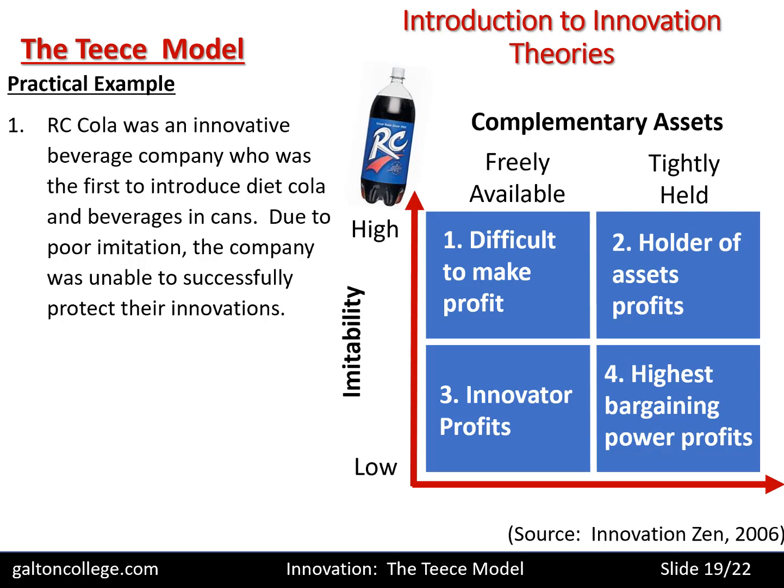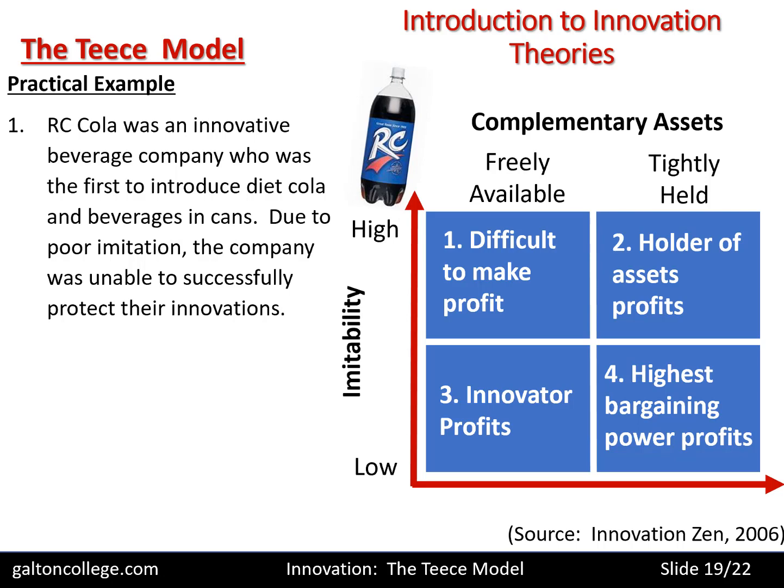RC Cola was an innovative beverage company who was the first to introduce Diet Cola and beverages in cans. Due to poor imitation protection, the company was unable to successfully protect their innovations.